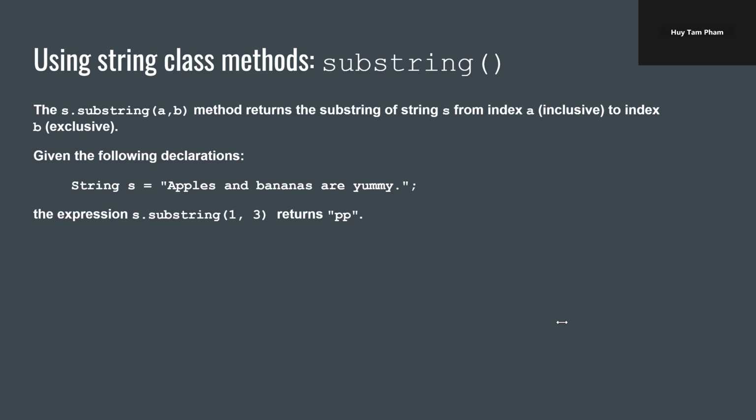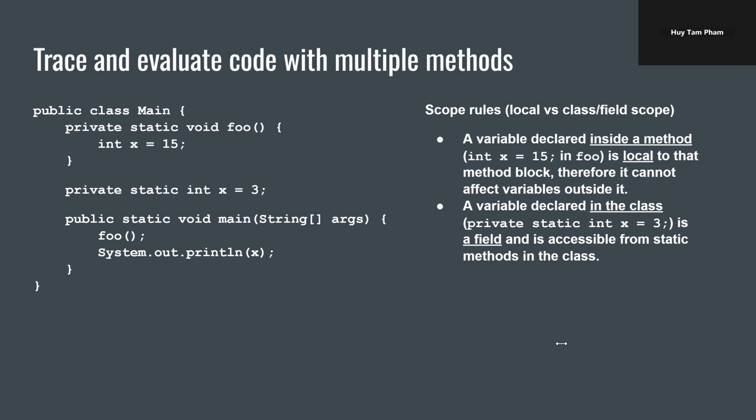Now that you already know how to use substring, we can move on to quite a difficult part that is called trace and evaluate code with multiple methods. But instead of overthinking this, this is just basically the correlation between the methods themselves. You're learning how to understand the relationship between the methods. So for the purpose of CSE 110, you can always assume that executions always start at the main method.